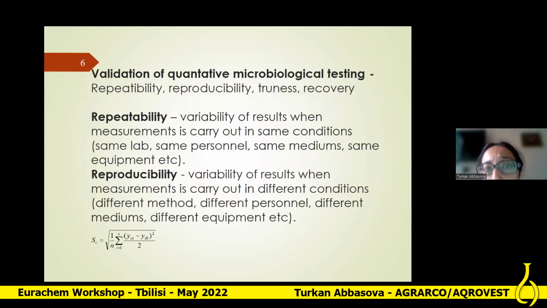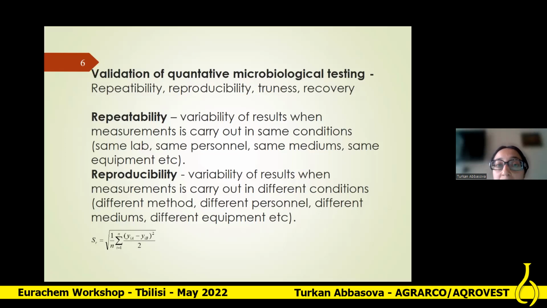Validation of quantitative microbiological testing means repeatability and reproducibility, trueness and recovery. Repeatability of the method means the laboratory works with the same persons, same media, same conditions, same equipment, and parallel analysis.